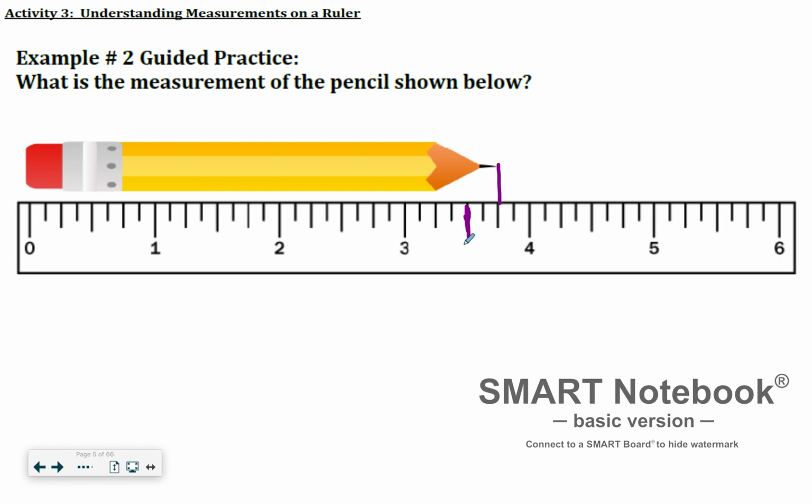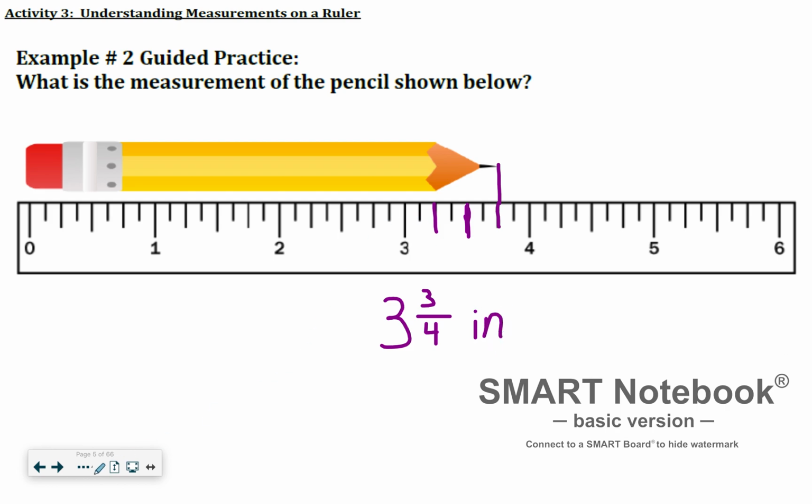That tick mark represents 1/4 of an inch. If this is 3 1/4, this is 3 2/4, this must be 3 3/4 inch.